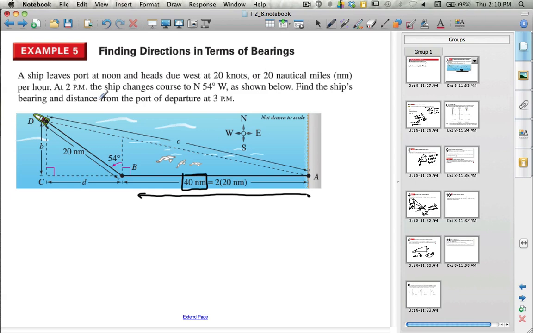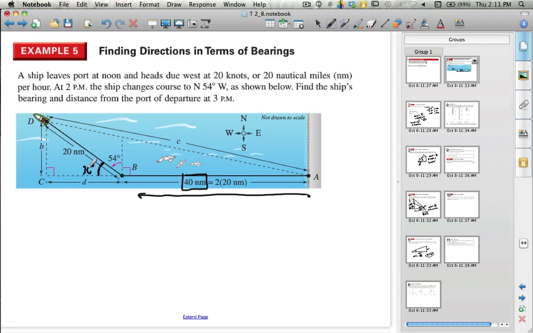At 2 p.m., the ship changes course north 54 degrees west. So you see they've moved 54 degrees here, which is helpful to us because we know then that this would be 36 degrees. If you look at these triangles, we're going to work with the right triangle, we're going to work with this one.